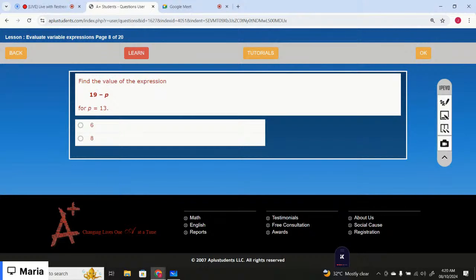Find the value of the expression that is 19 minus p. You have to evaluate it for p equals 13. So which is the correct option?